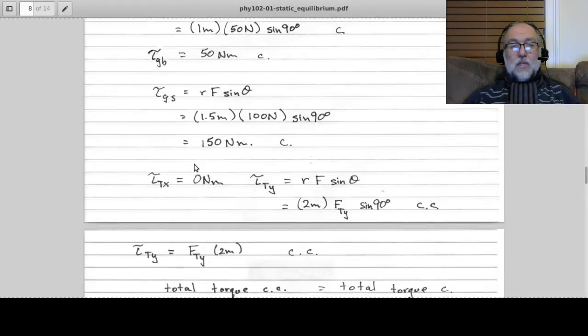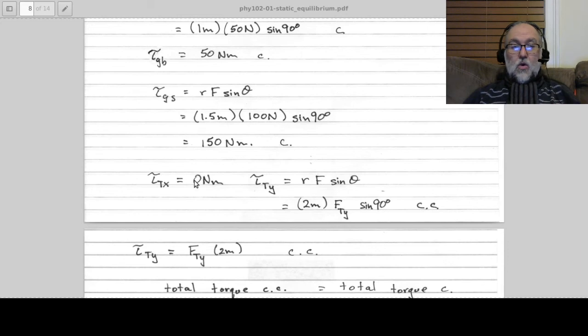What about the torque due to the force of gravity on the sign? R F sine theta again. R is 1.5 meters, F was 100 newtons, and the angle was 90 degrees. Multiply that all out, it's 150 newton meters, and it also was clockwise.